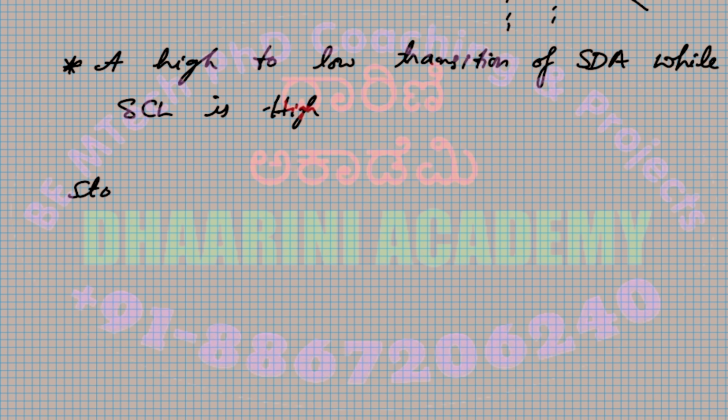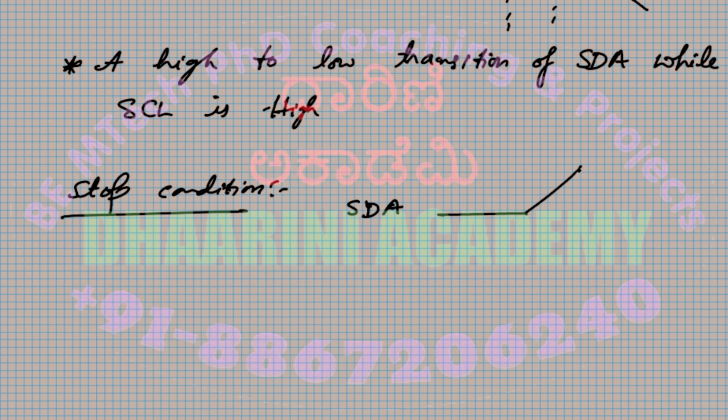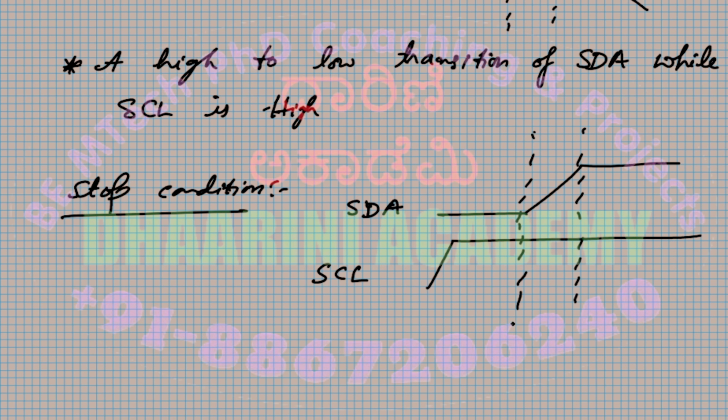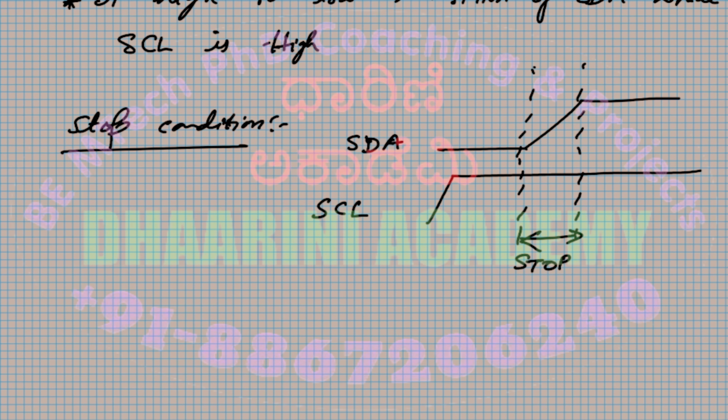Similarly, I have a stop condition, which is also very similar. SDA will be initially low and it will become high, whereas the SCL will be high already. If you can see this on the SDA and SCL lines, it is the indication of the stopping of the communication which is already happening.